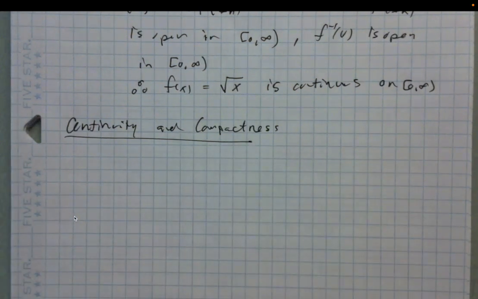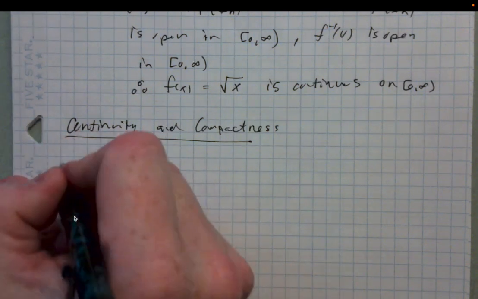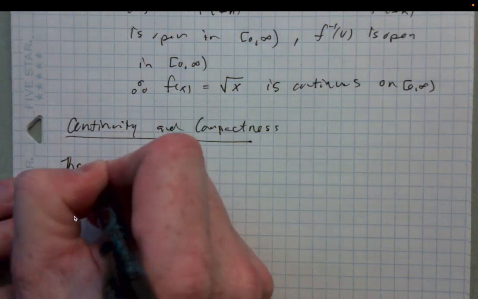Okay. So obviously there are several very important overlaps between continuity and compactness. And this theorem is a beautiful example.